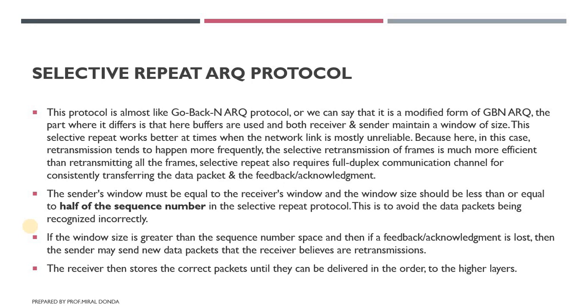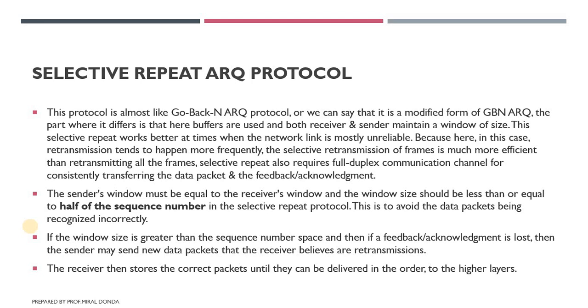Selective retransmission of frames is much more efficient than retransmitting all the frames. Selective repeat also requires a full duplex communication channel for consistently transferring the data packets, feedback and acknowledgement.